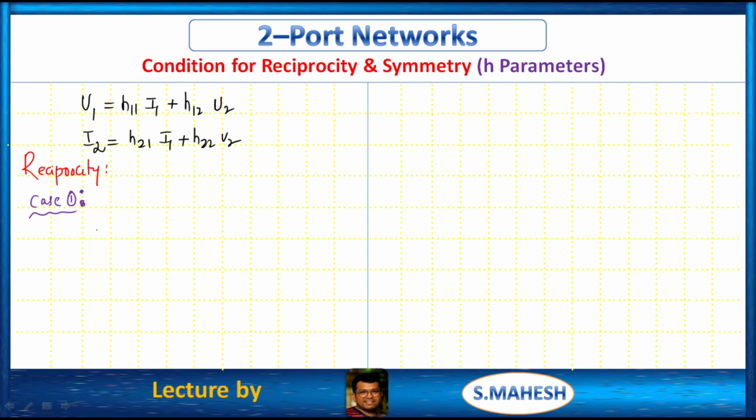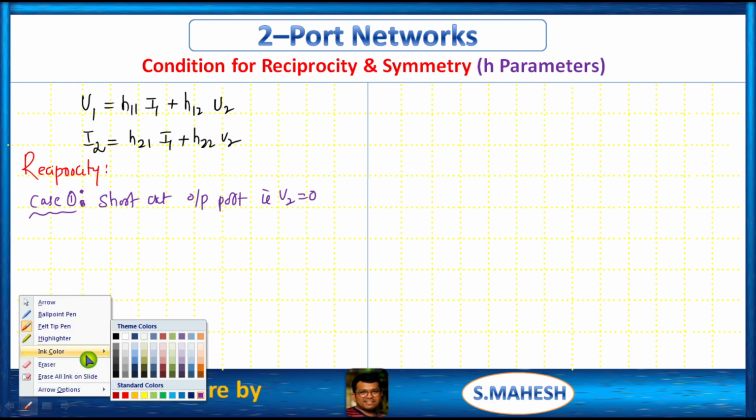First, case 1, that is short circuit the output port, that is V2 = 0. That's it. Later, case 2 is what? Short circuit the input port. Then we can calculate the ratio of response to excitation from case 1 and case 2.